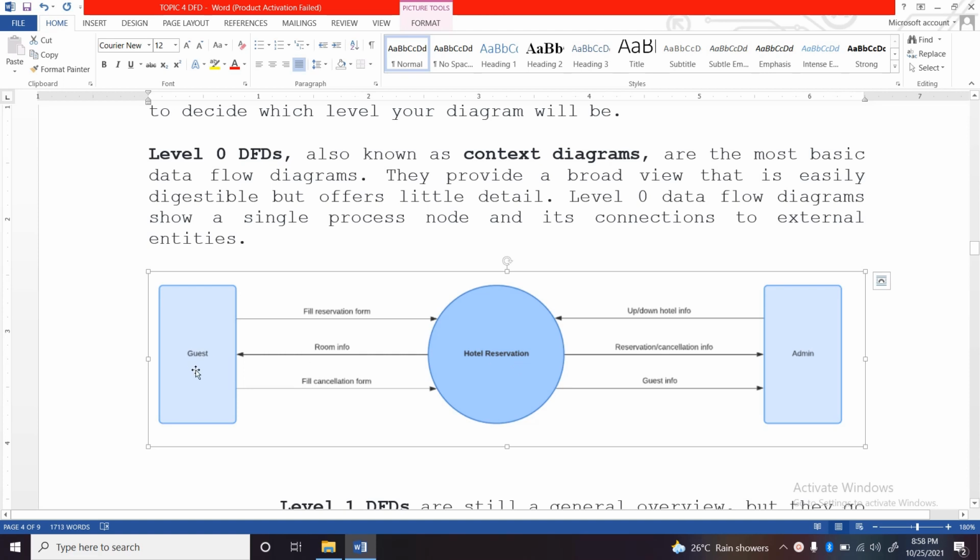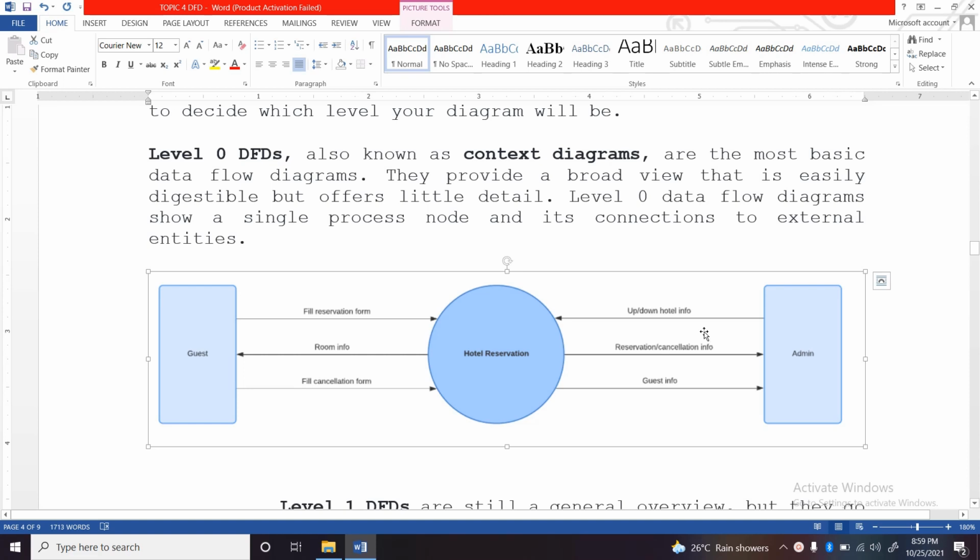We have two entities, guest and admin, and it also has the different data flows. It shows the entire process but not all its details. It has limited representation of how data moves, because as you can see, we only have two entities here on the level 0.